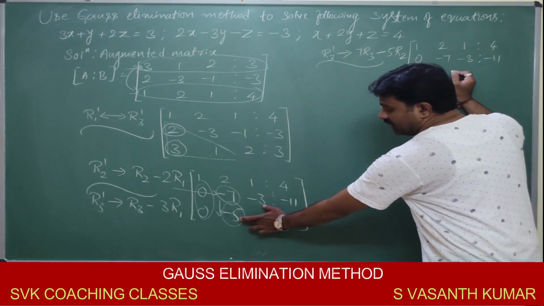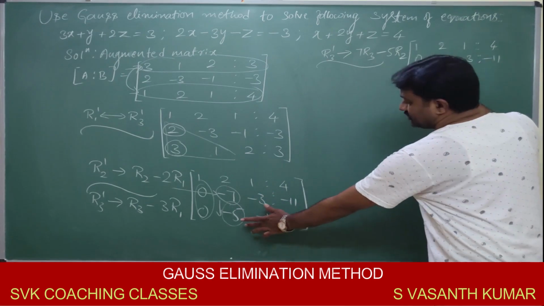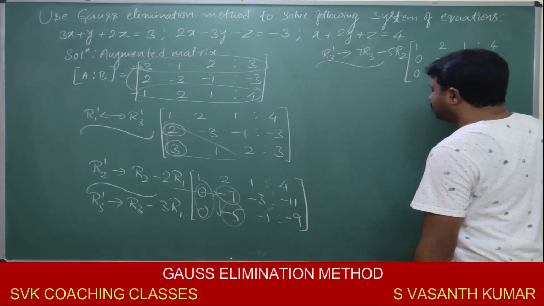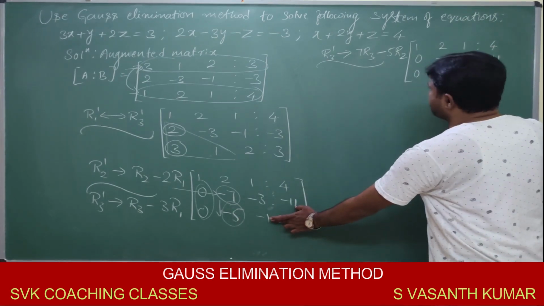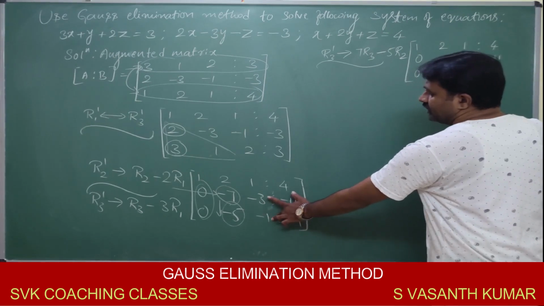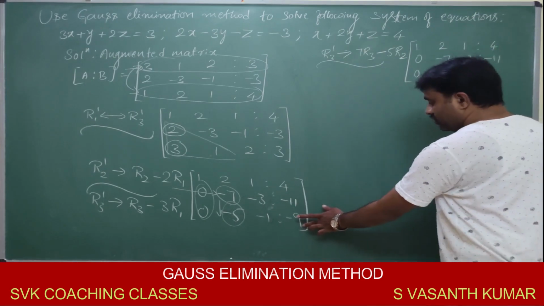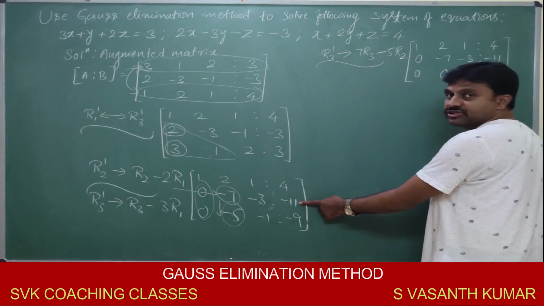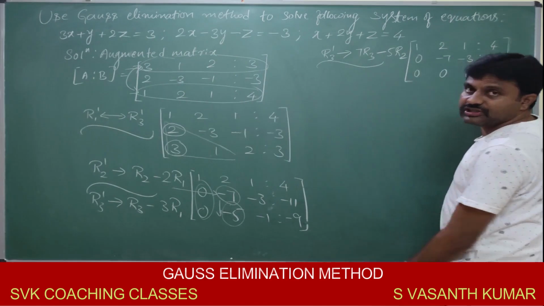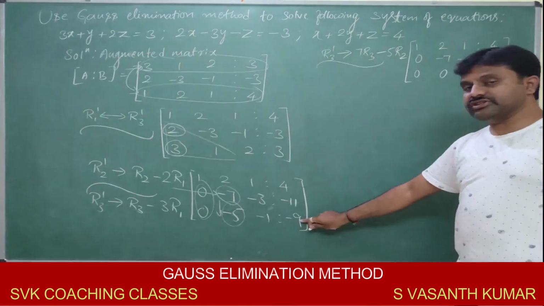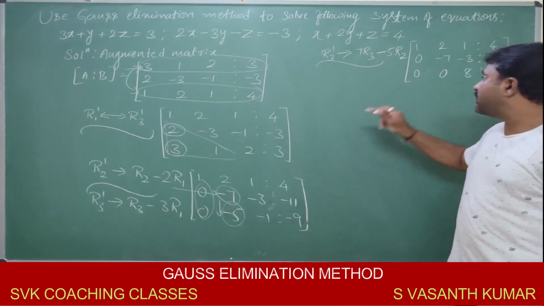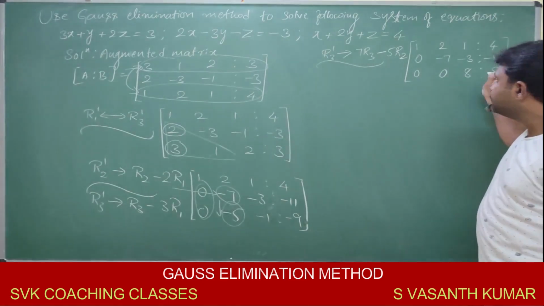So minus 35 plus 35 is 0. Here this value is multiplied by 7, so minus 7 plus 15 is 8. Minus 63 plus 55 gives minus 8.